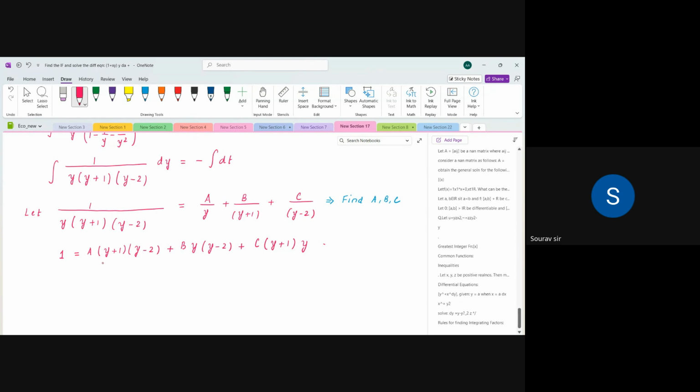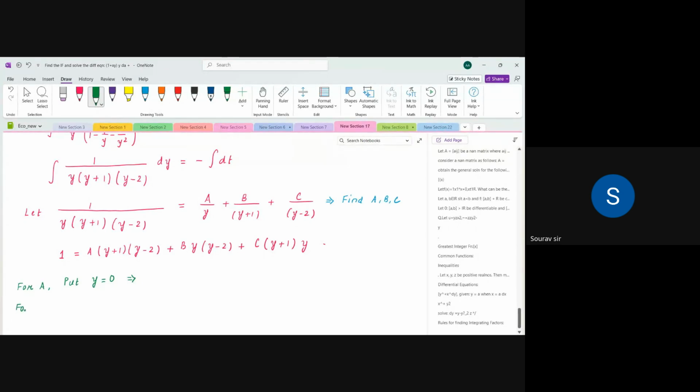So if I have to solve for a, I need to put the other two terms as 0. So I can put y as 0 and see what we are getting. Right? So for a, I need to put this.